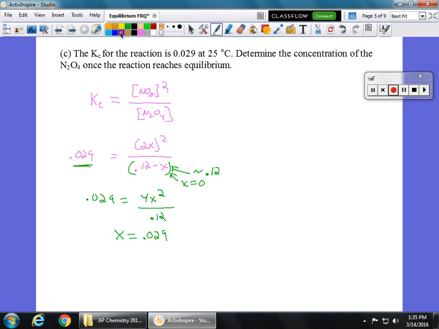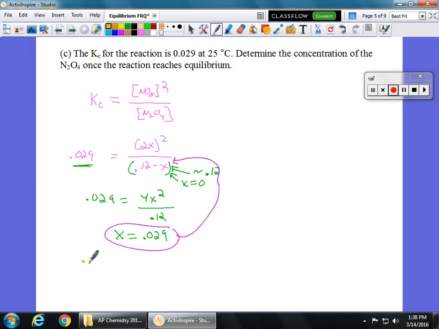What we do, let me just switch colors, is take this value, this 0.029, and substitute it back into our equilibrium expression for x. We're going to substitute it back into our original equation.